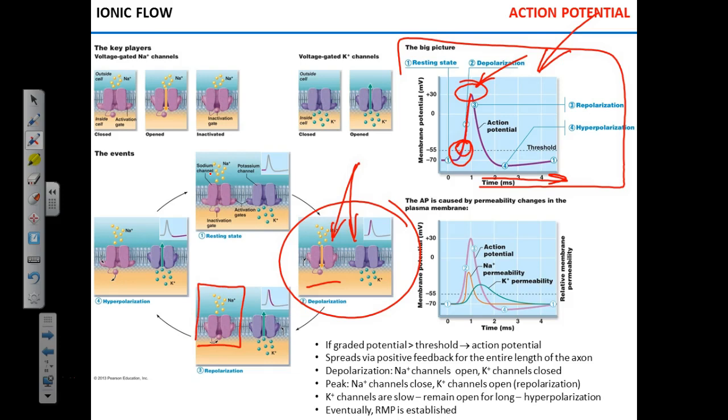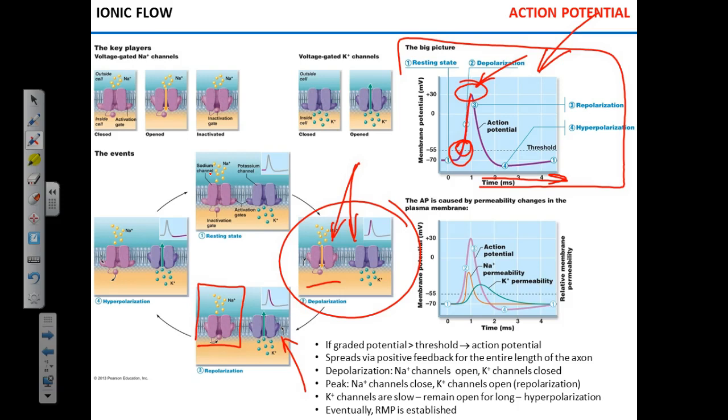At the same time, potassium channels open. Concentrations of potassium ions are higher inside of the cell. So potassium starts to passively diffuse out of the cell. Does that make sense? It keeps on diffusing, and potassium is charged how? Positive.